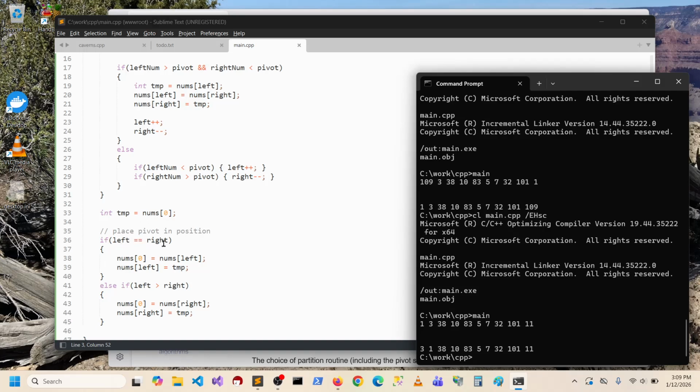Left does equal right. They're both 1. So nums 0 equals 3, which is right here. Nums left, which is 1, equals 1. So at this point, we need to check to see if it's already in position.